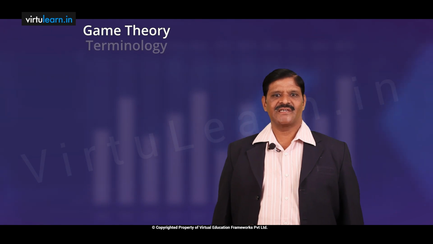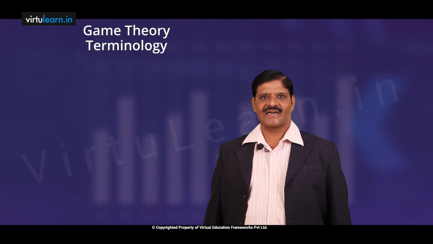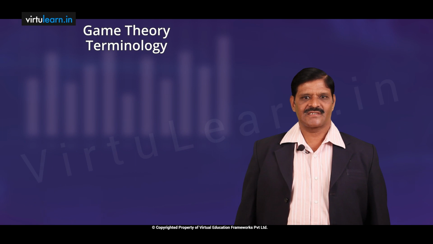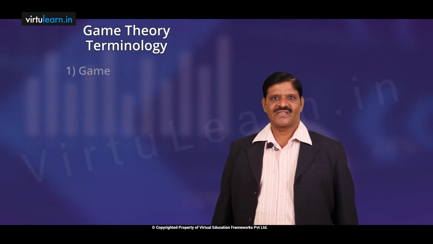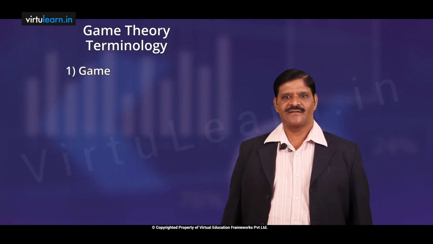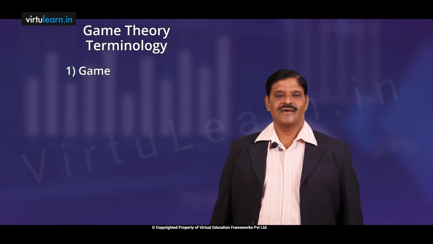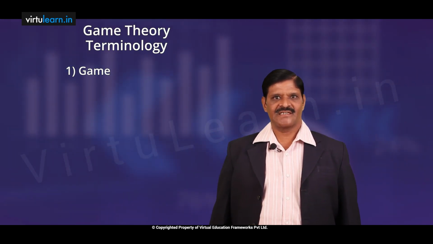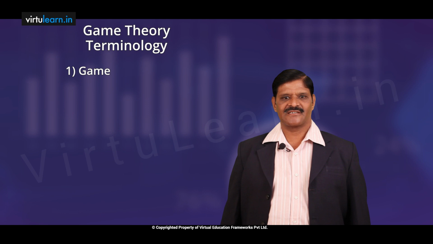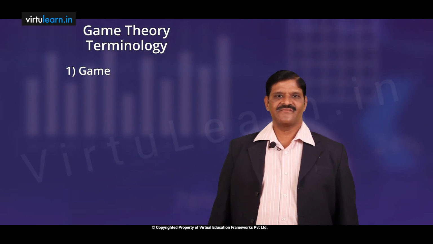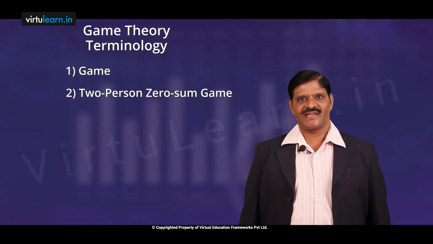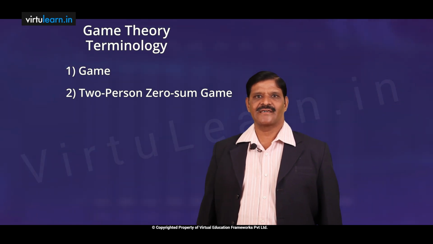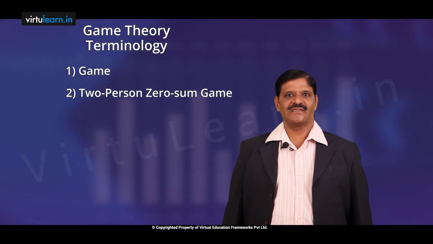In game theory we will come across certain kinds of terminology, which we'll see now. A game is a play where people are on opposite sides and each of them has some strategies. If there are two persons playing the game, that is a two-person game.